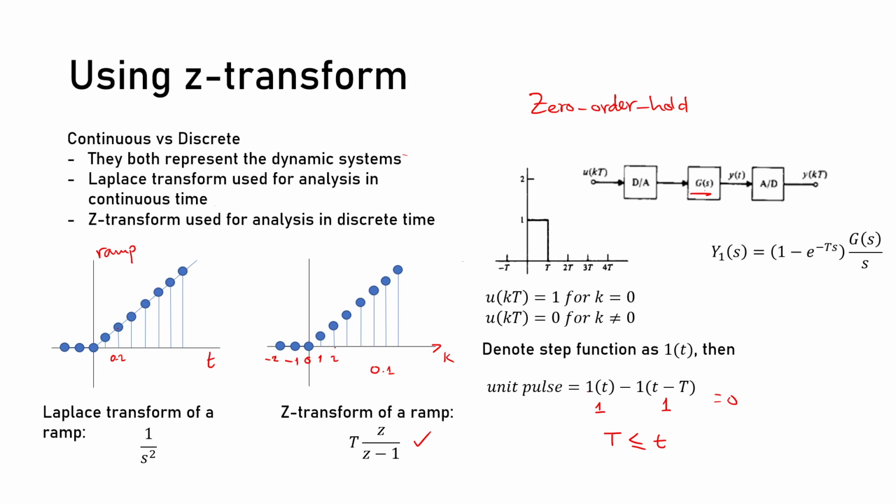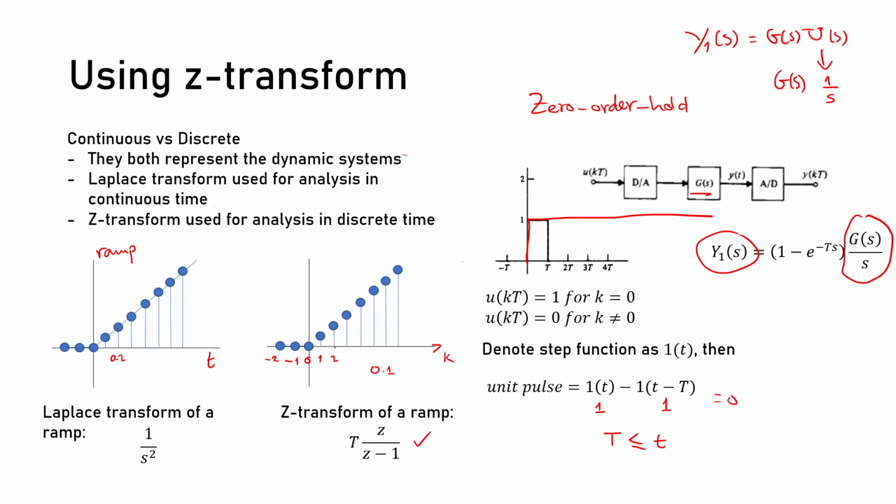When you have G(s), and if you just have a continuous step input like this, then you get G(s) over s as the transform of the output, right? Because let me remind you, review a little bit: Y1(s) equals G(s) times U(s), right? So if U(s) is just a continuous step like this, then its transform is just 1 over s, right? So you get G(s) times 1 over s here.